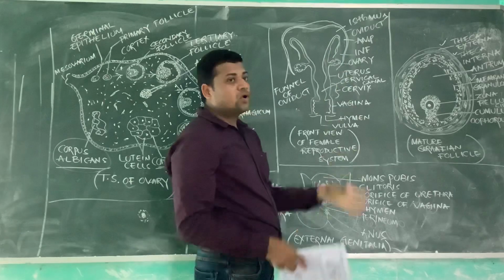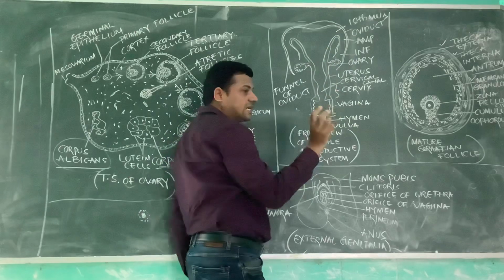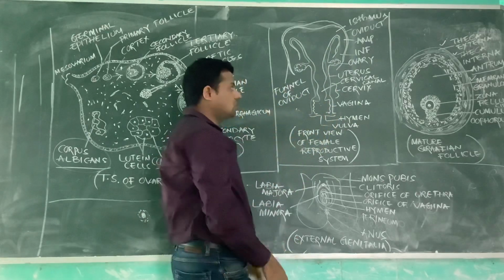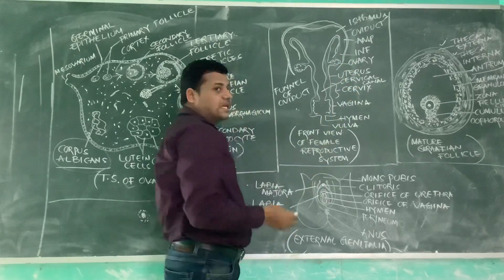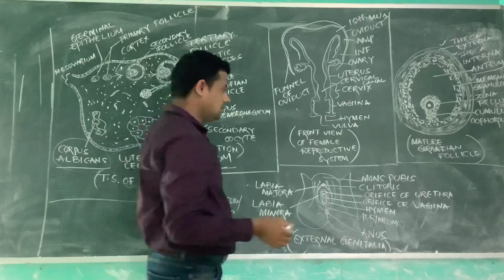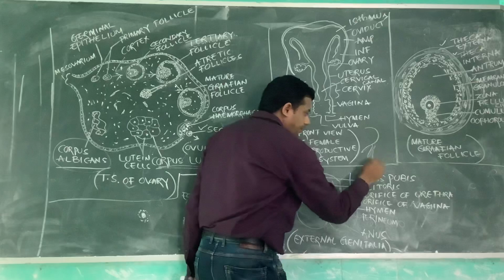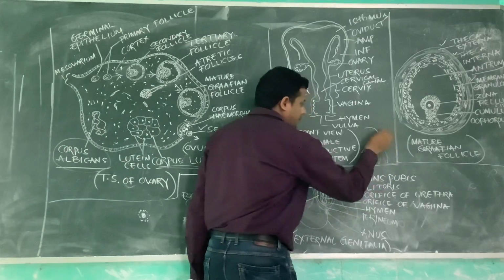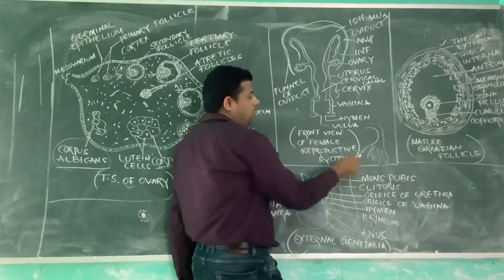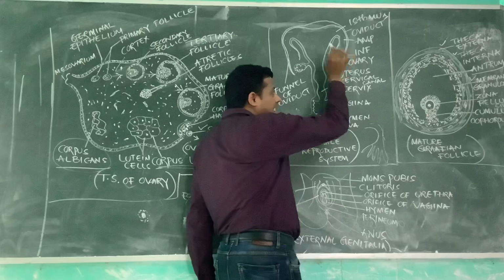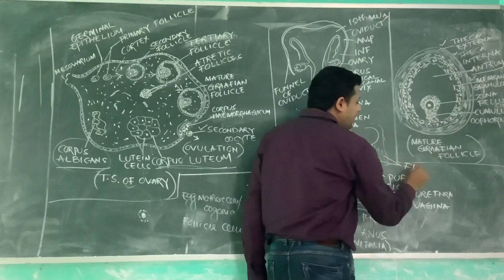The free proximal end of the oviduct dilates to form a funnel-like structure, and that funnel-like structure is called the infundibulum, which bears a number of finger-like projections like this. These finger-like projections, formed at the proximal end of the oviduct, are called fimbriae.